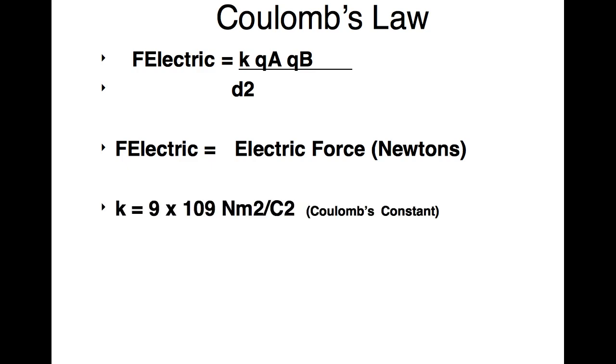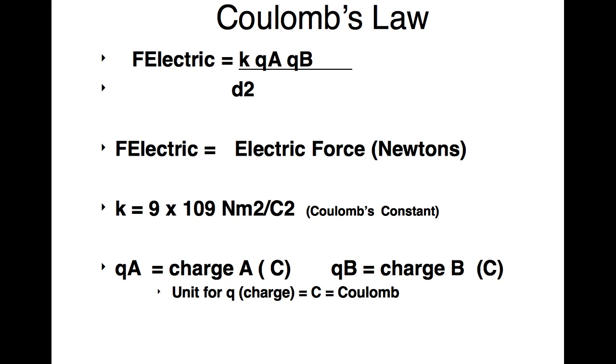K is always a constant, Coulomb's constant, which is 9 times 10 to the ninth newton meter squared over coulomb squared. You can't change Coulomb's constant at all. So it'll be 9 times 10 to the ninth times Q1 times Q2 over the distance squared. You've already seen something close to Coulomb's law, the gravitational force, which we will not go into.